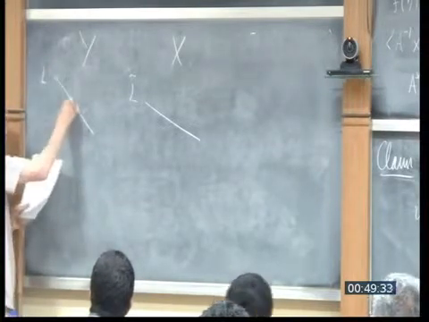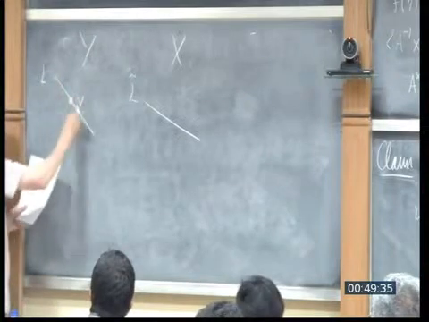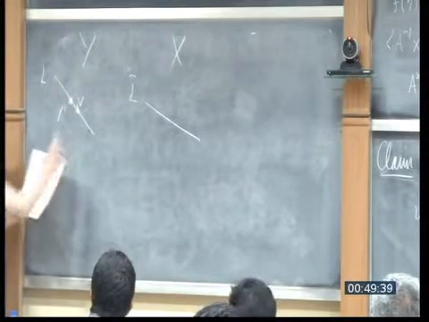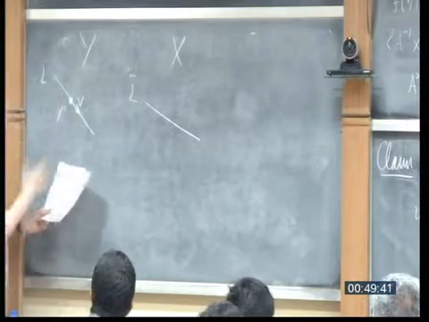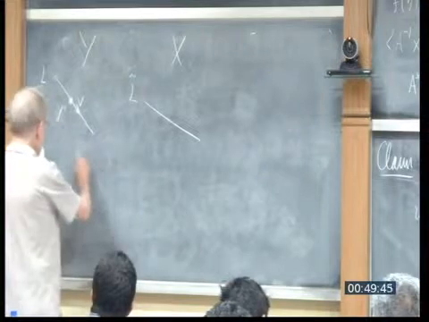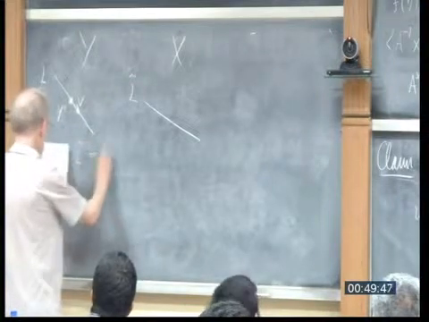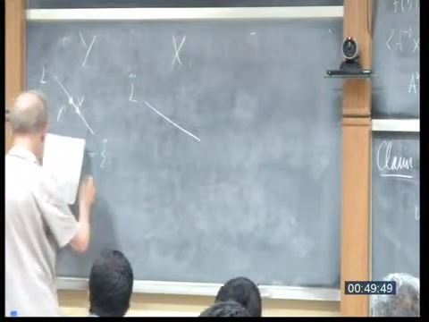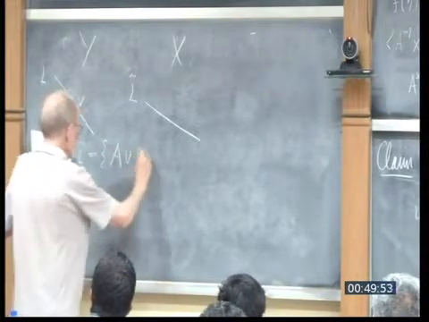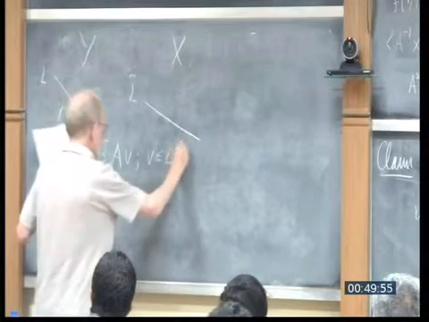These are vectors in the tangent space at the point, which is isomorphic to R itself. So L tilde consists of all A, B, such that B is in L.